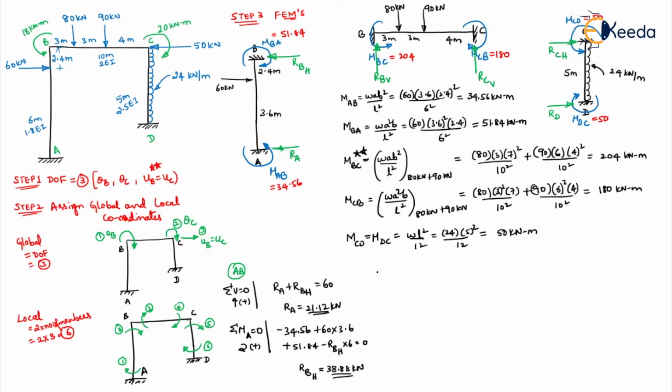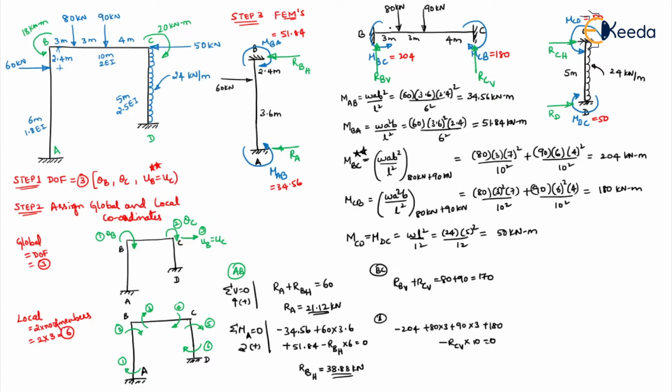Now let's do for this span BC, same summation V first. So RBV plus RCV will be equal to 80 plus 90. That's nothing but 170. Then sum of moments about B. So anti-clockwise minus 204, then plus 80 into 3 plus 90 into 3 plus 180 minus RCV into total span 10 equal to 0.